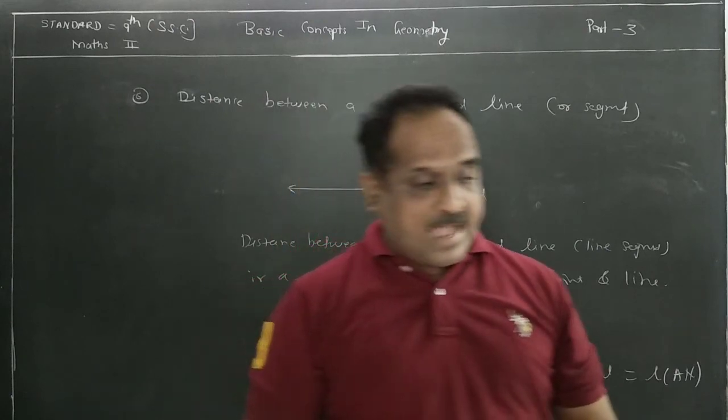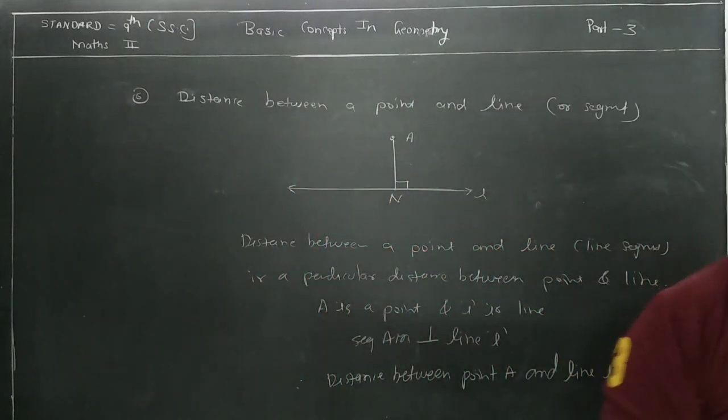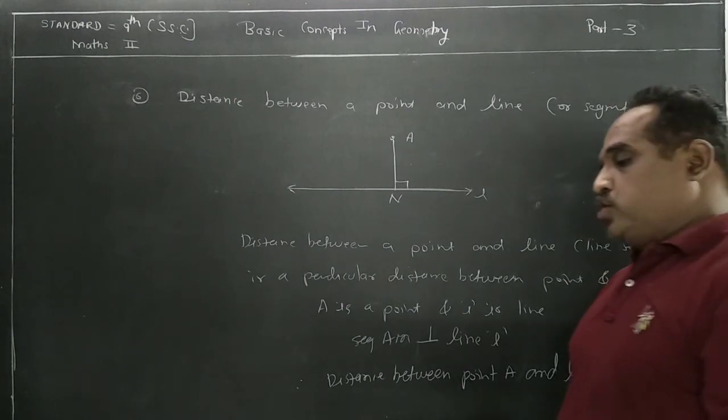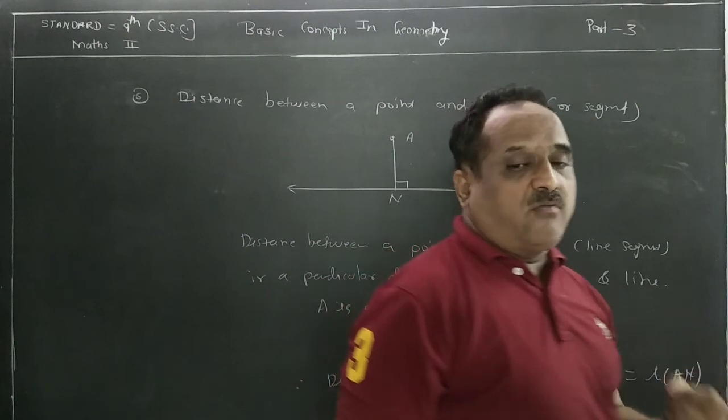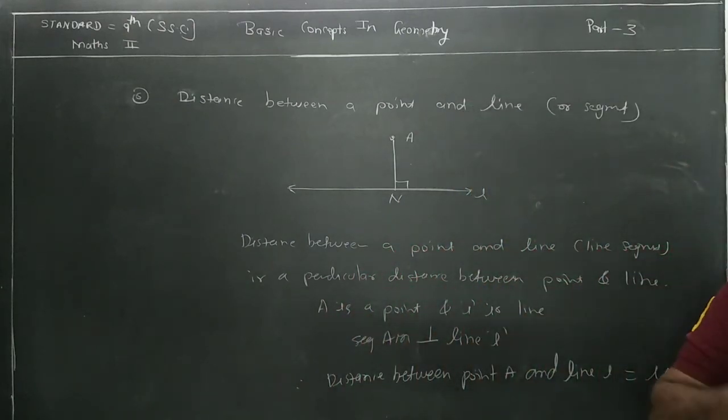After line segments, we studied the meaning of congruent segments: two segments having equal length. You will know the symbol for congruent segments. Then we studied the properties of congruent segments: first reflexivity, second symmetry, and third transitivity.